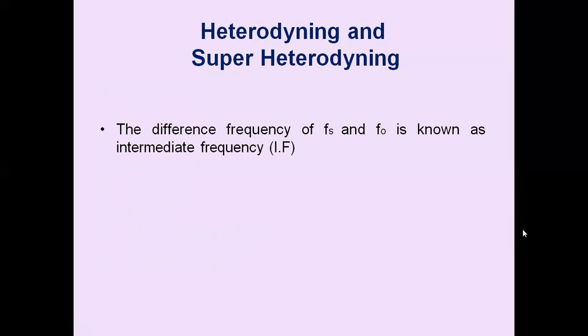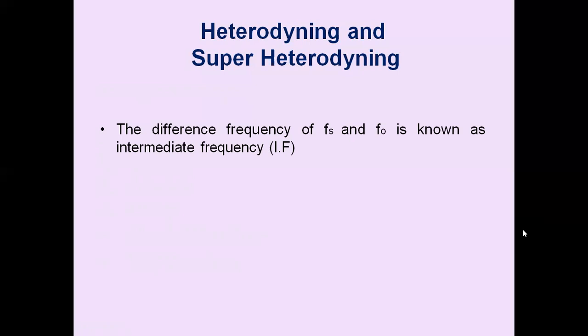Now let us see what heterodyning and super heterodyning are. The difference frequency of Fs and F0 is known as the intermediate frequency. So Fs is the incoming signal frequency and F0 is the local oscillator frequency, and we are mixing Fs and F0 in the mixer.